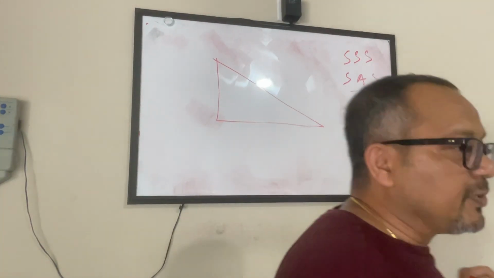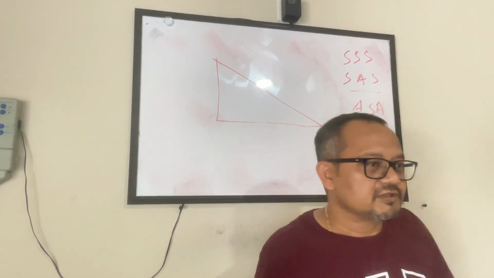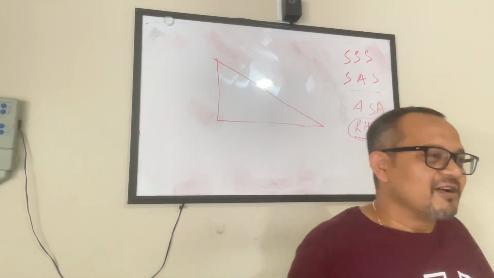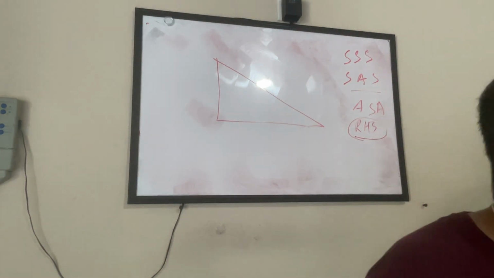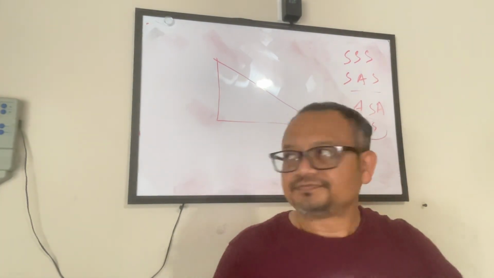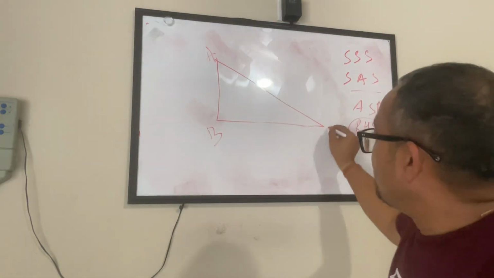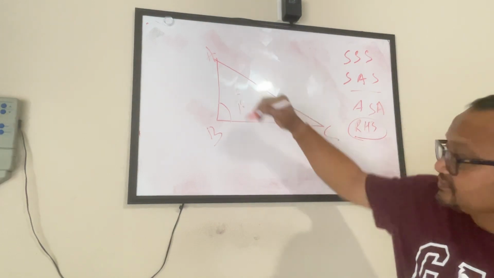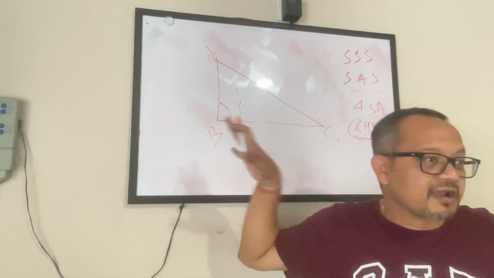Do you guys know what the hypotenuse is in a right angle triangle? Say it. Somebody has to say it. Louder. Largest side of the right angle triangle. Yes. Okay. So if this is my right angle triangle, one of the angles is 90 degrees. That is why it is called a right angle triangle, because there is a right angle in the triangle.